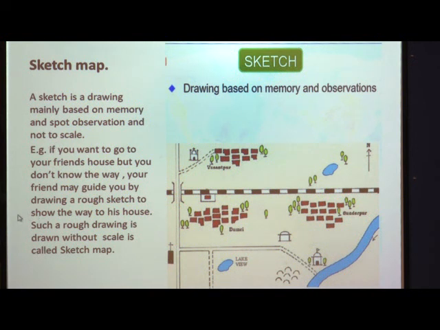For example, children, if your mother at home tells you to bring something from a grocery shop, then what will you do? If suppose you don't know where the grocery shop is, your mummy will guide you, right? She will tell you, see, you have to go like this.